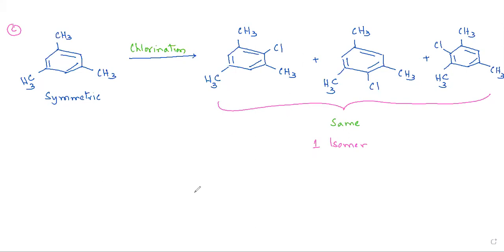So here the mantra is AUS: adjacent, unsymmetric, symmetric. 2, 3, 1.